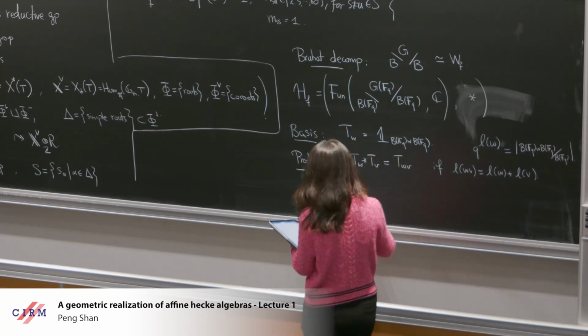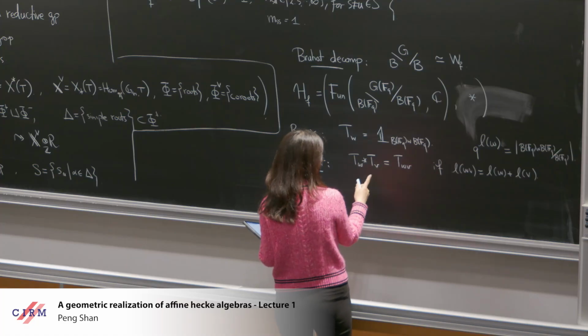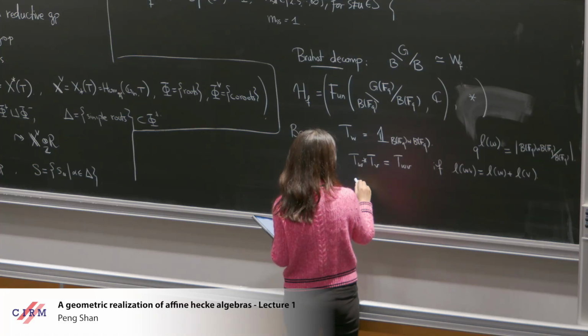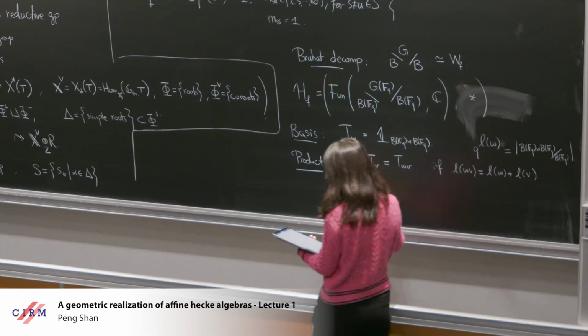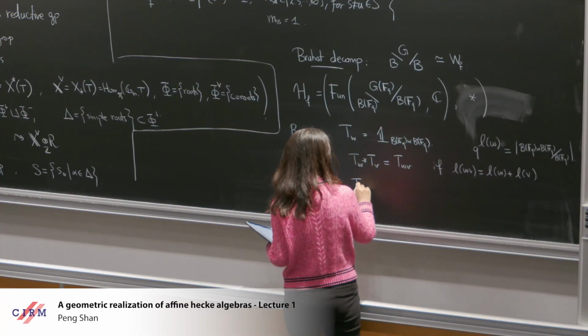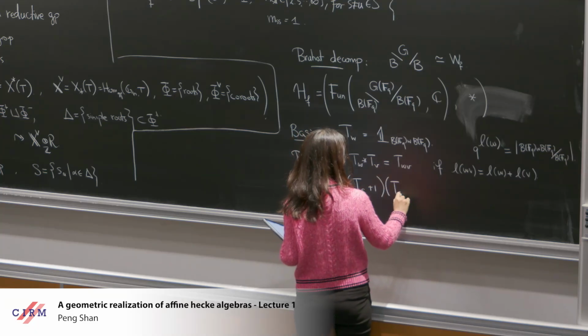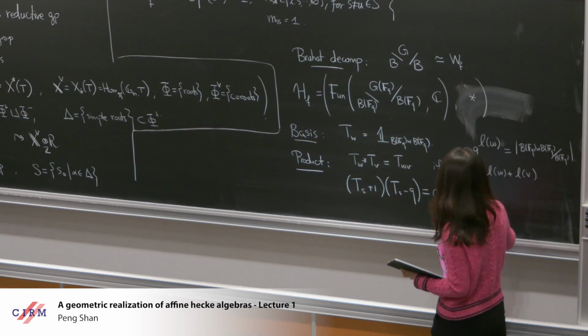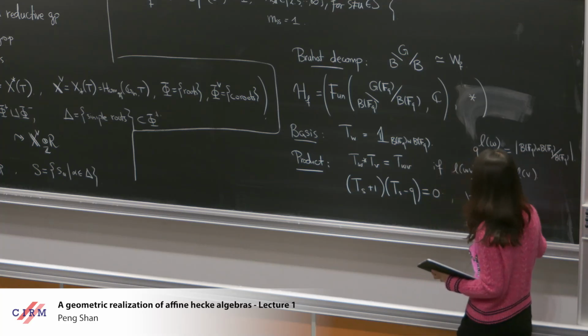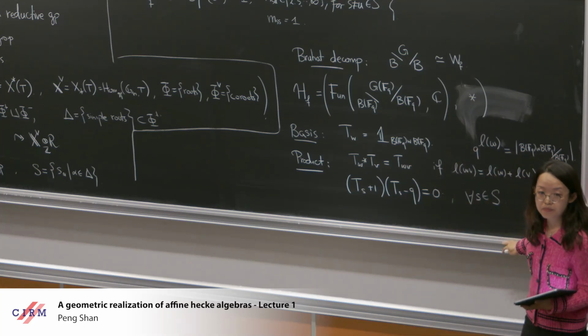And then you need to understand how it reduces in the other direction. And for this, you only need to compute for the simple reflections. And for simple reflection, the relation is (T_s + 1)(T_s - q) = 0. Okay.